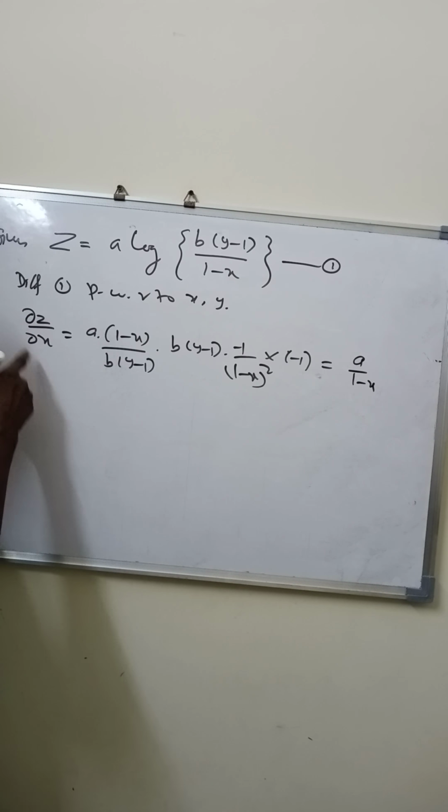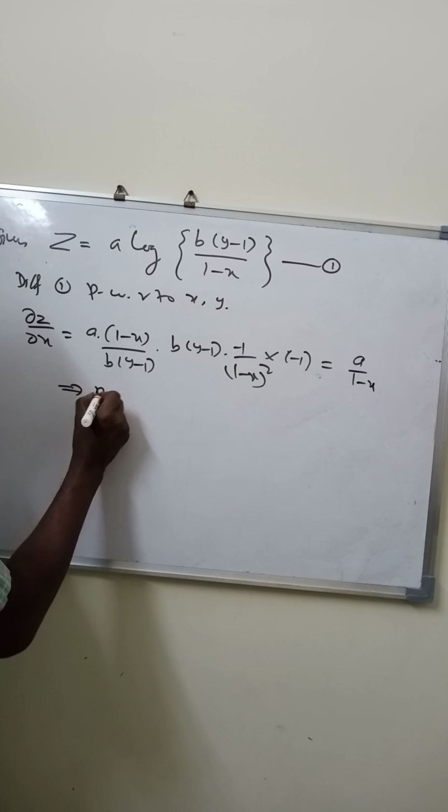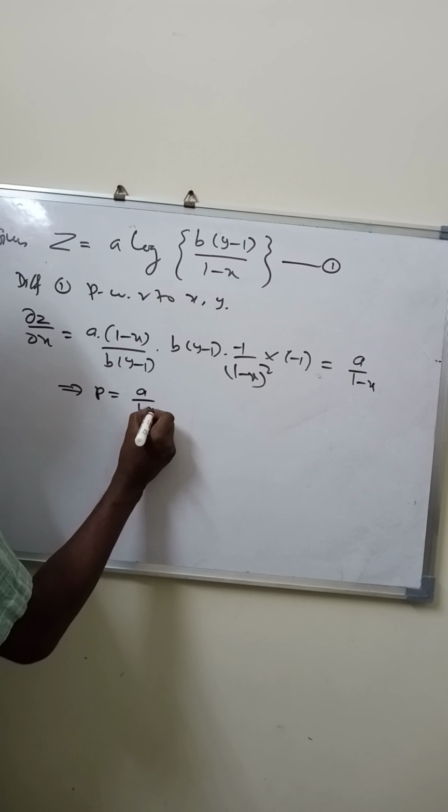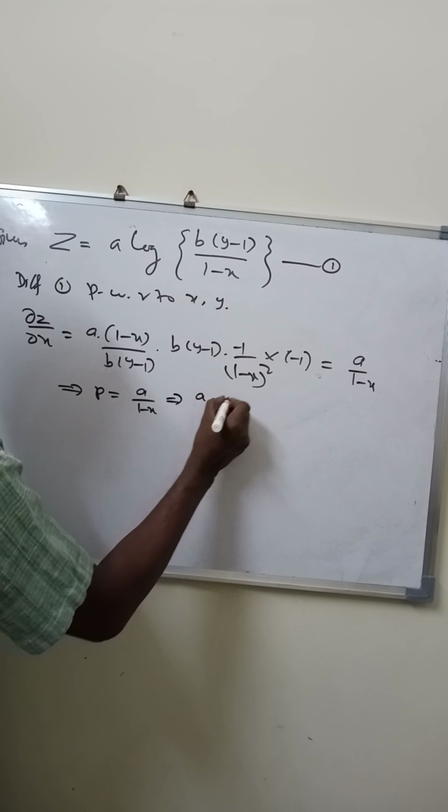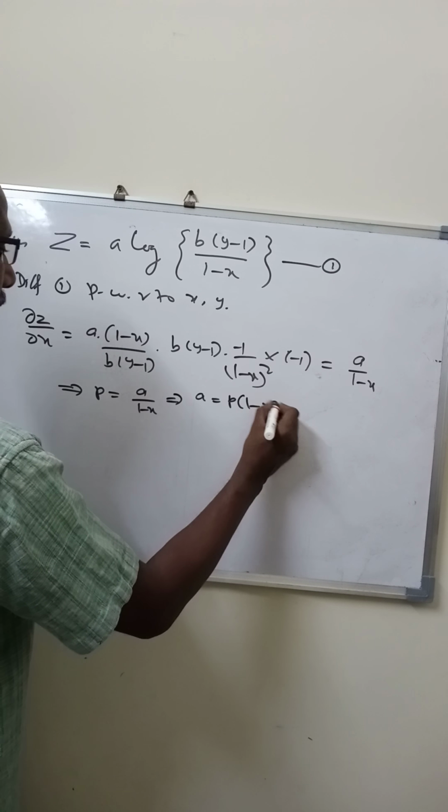We write ∂z/∂x as p, that implies p equals a by (1 minus x), that implies a is equal to p into (1 minus x), equation number 2.